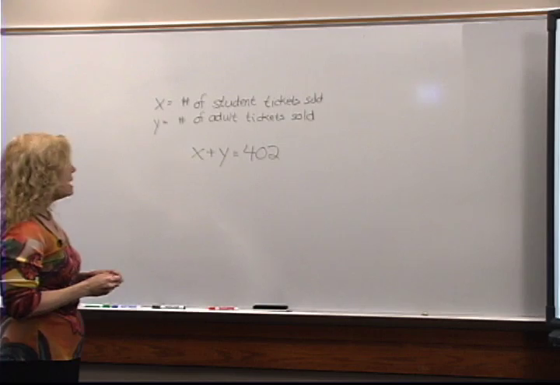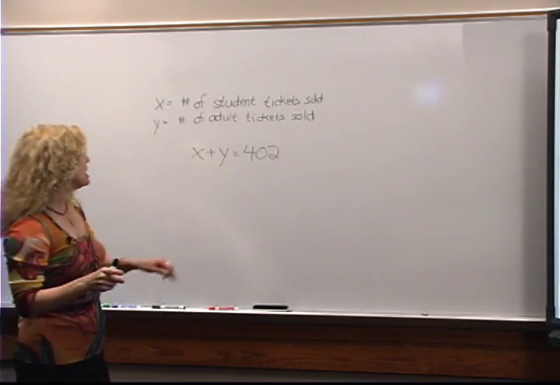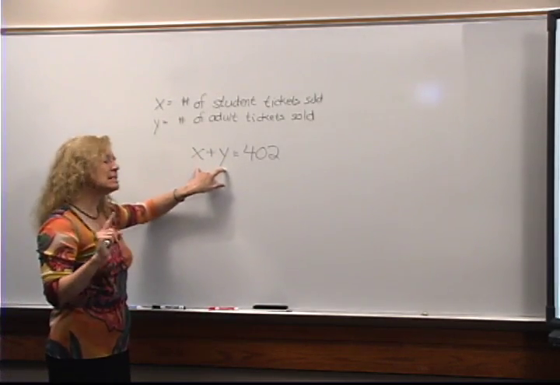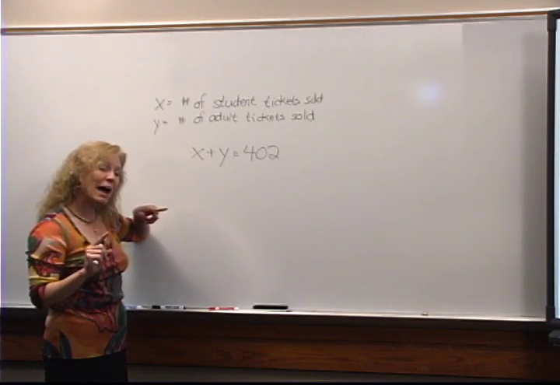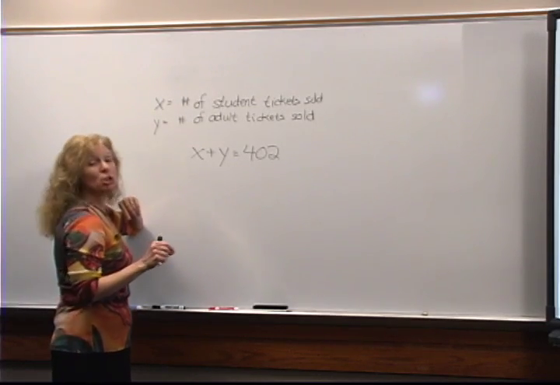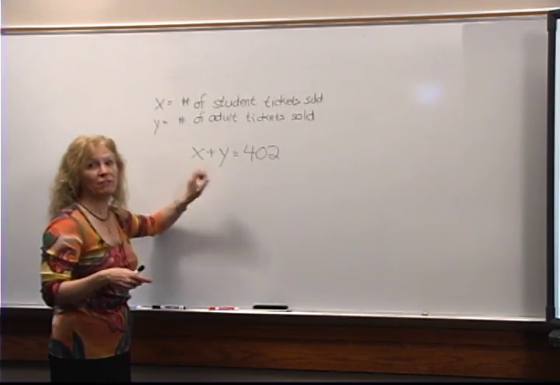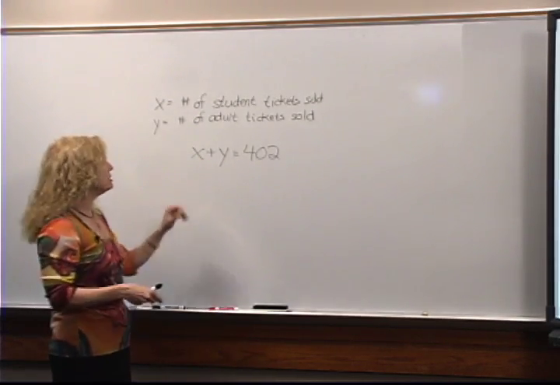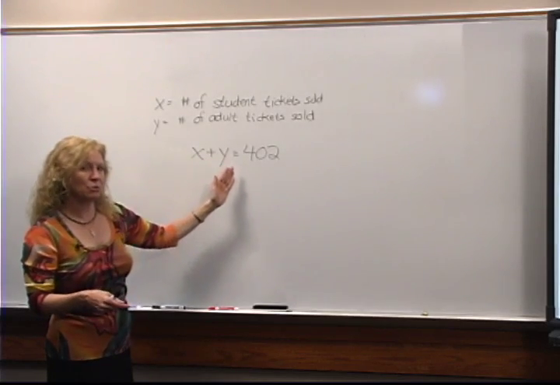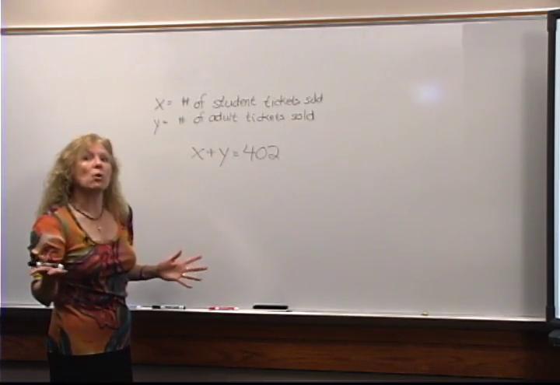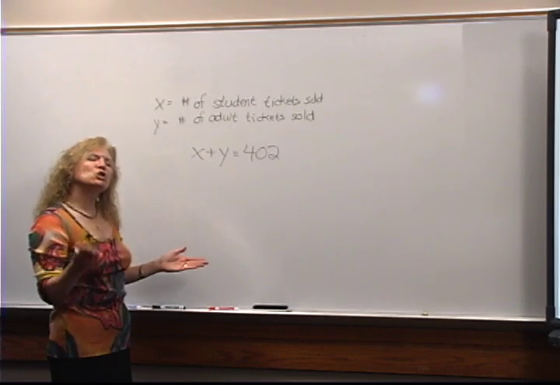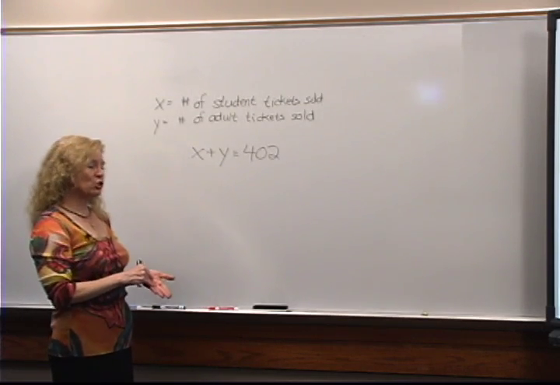Now you know that equation by itself is not enough information for me to know how many of each, because it could be that you sold 400 of one and 2 of the other. Or it could be that you sold 200 and 202 of the other. I don't know. There's too many possibilities. So we need some other information.